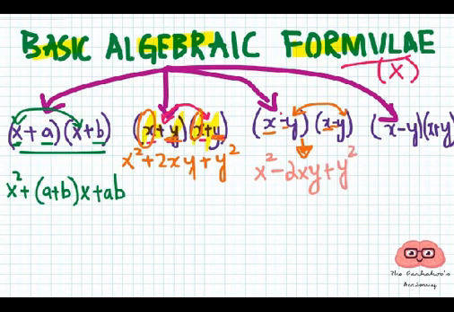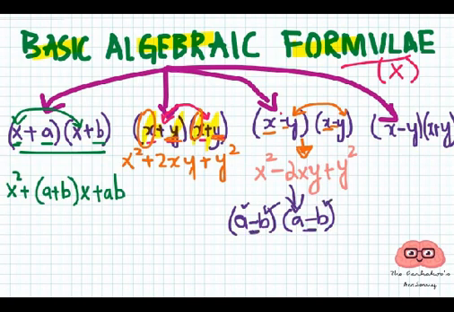So now let's see an example. For example, we have a bracket in which we have a minus b and the second expression is a minus b. Here our first term in both the brackets is the same, the second term in both the brackets is also the same, but we have a minus sign in the expression. So we can apply this shortcut formula for it.